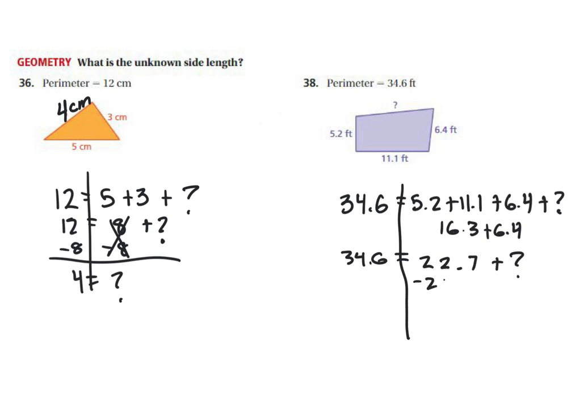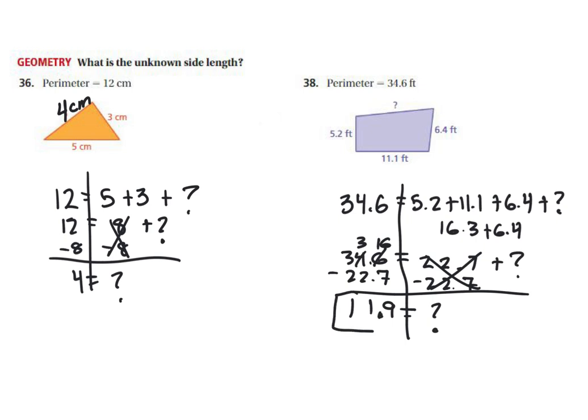So now we'll take away 22.7. Opposites cancel, leaving us just with our unknown, and we'll take away 22.7. 16 minus 7 is 9, 3 minus 2 is 1, and 3 minus 2 is 1. So our missing side length here is 11.9 feet.